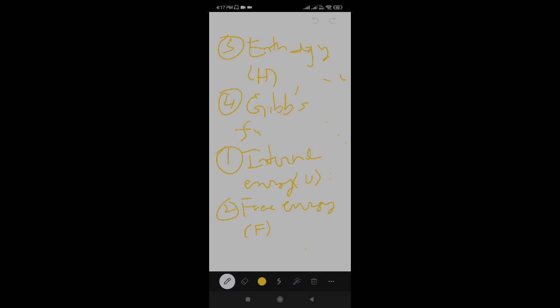We call these potentials functions because they depend on other parameters. So internal energy is one thermodynamic potential, free energy is also one, and enthalpy H and the Gibbs function G are also called thermodynamic potentials.